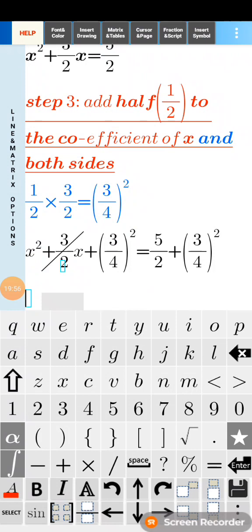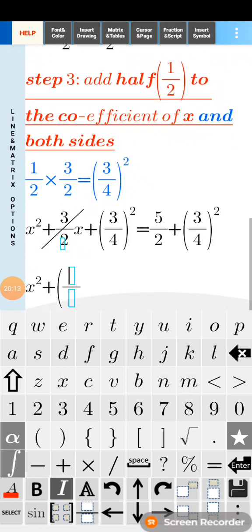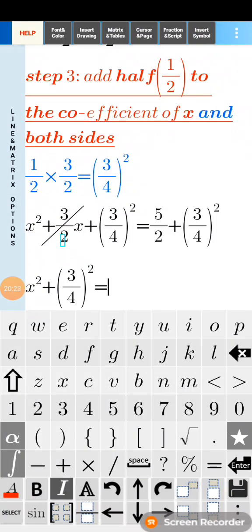So 3 over 2 x is out, and I'll be having x raised to power 2 plus open brackets 3 over 4 close bracket raised to power 2 equal to 5 over 2 plus open bracket 3 over 4 close bracket raised to power 2.